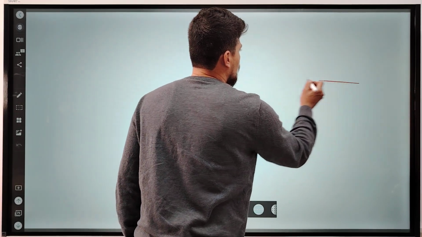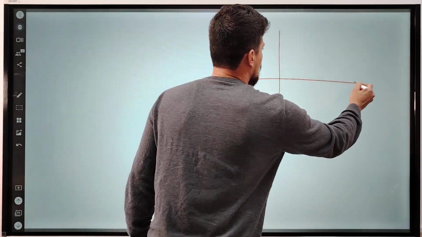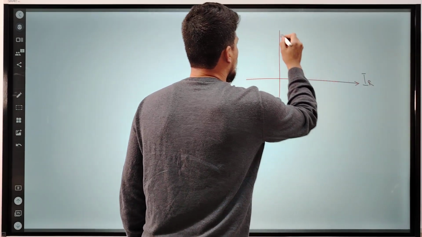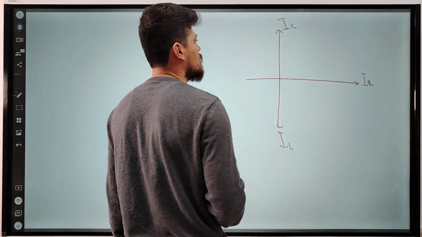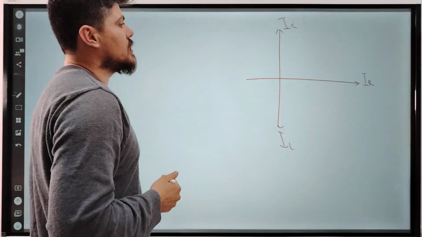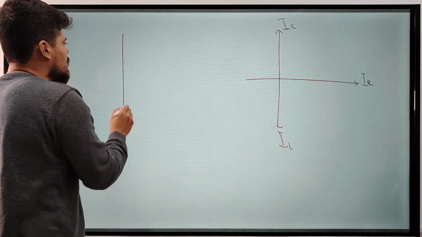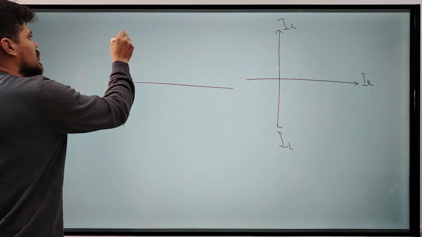As you know, this is I across R, this is I across C, I across L. If Z is equal to V divided by R, the phasor diagram for the impedance becomes like that.